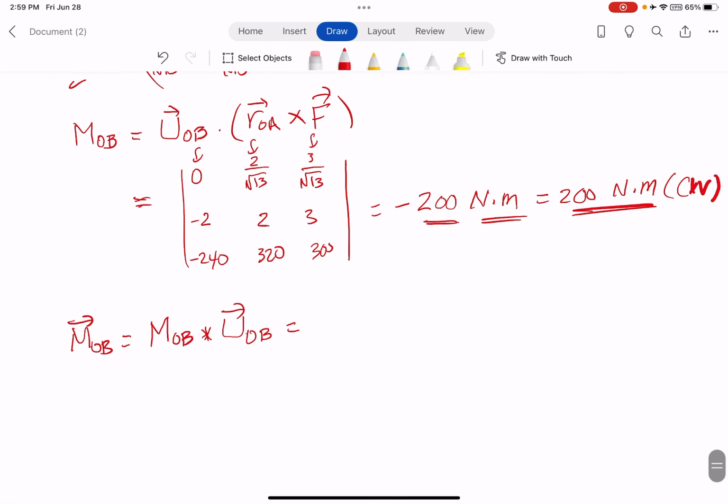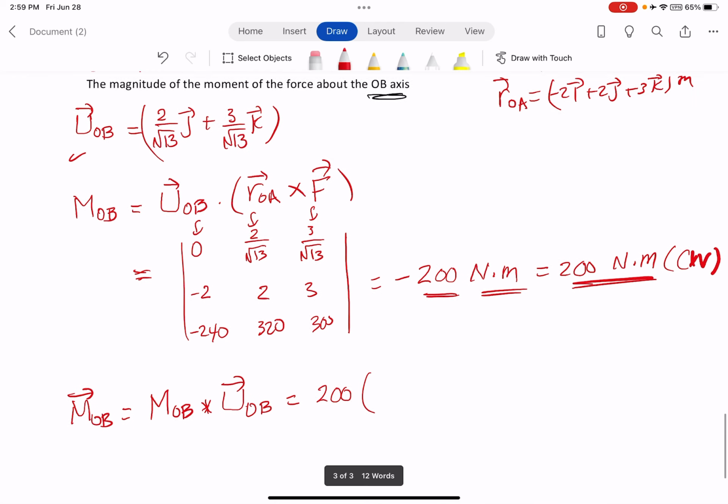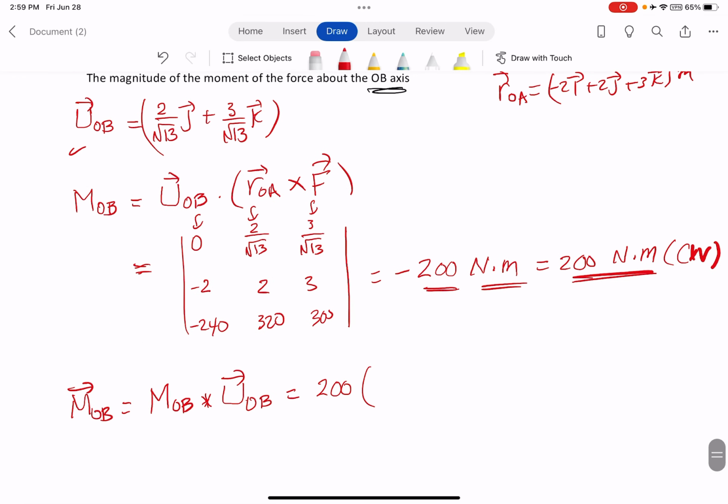So 200 times the unit vector, 2 over square root of 13 j plus 3 over square root of 13 k, and that is in Newton meter.